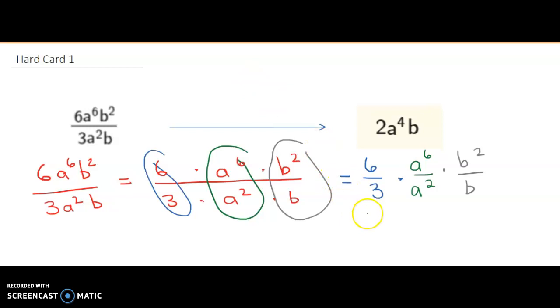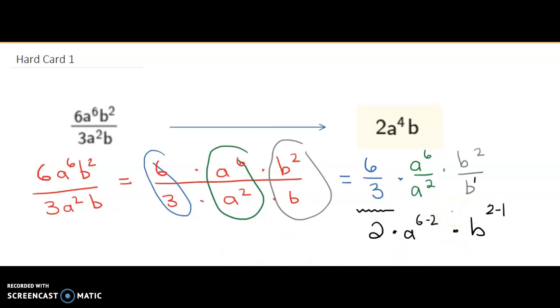So as you can see here, 6 over 3, remember a fraction? This is just a divided by symbol, guys. So this is the same thing as 6 divided by 3, which is 2, times, well, a to the 6th over a to the 2 is the same thing as a to the 6 minus 2 power, times, and then b squared over b, same thing as just b to the 2 minus 1 power. Remember, if there's no power here, it's a 1.